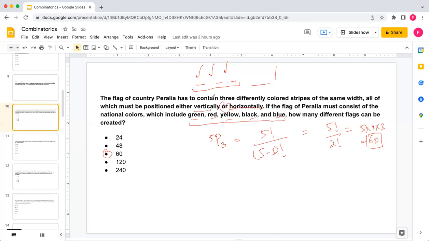There is an 'or', so you need to add both cases for vertical and horizontal. For each case this is 60. So when you consider vertical and horizontal, this will be 60 plus 60, which is 120. So in total, there are 120 ways, not 60 ways. Got the point?